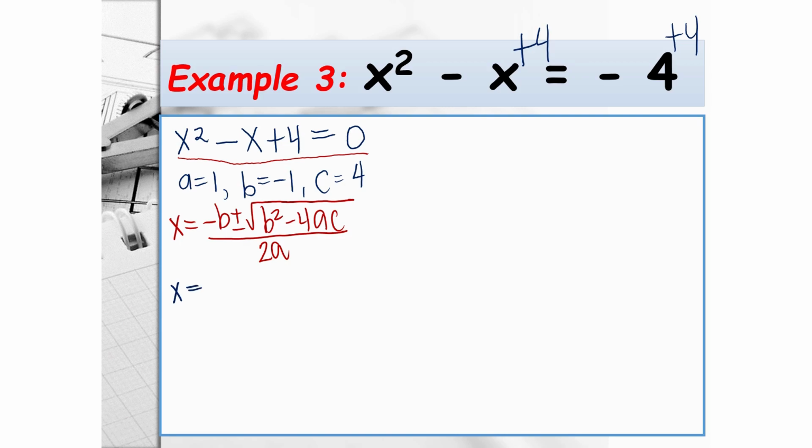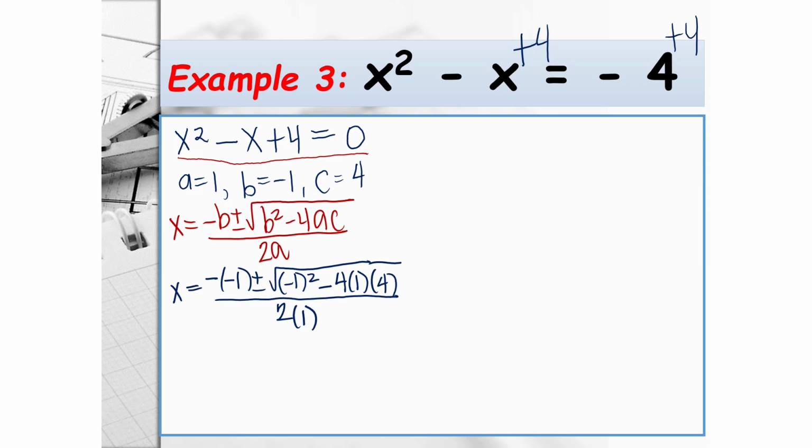X equals negative, laging may negative muna, times the value of b, which is negative 1, plus minus square root of b ay negative 1 squared minus 4 times a, ang a ay 1, times c, which is 4, divided by 2 times the value of a, which is 1.